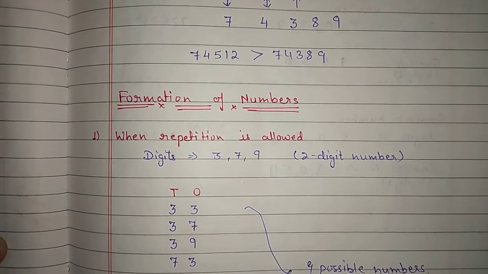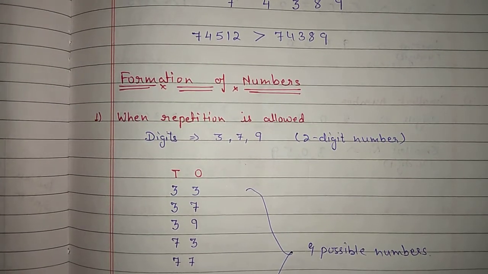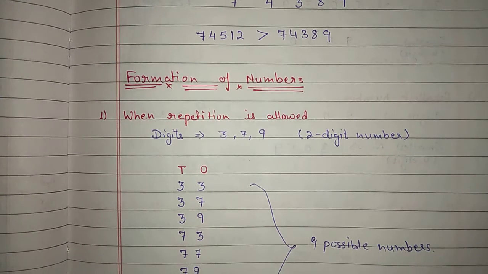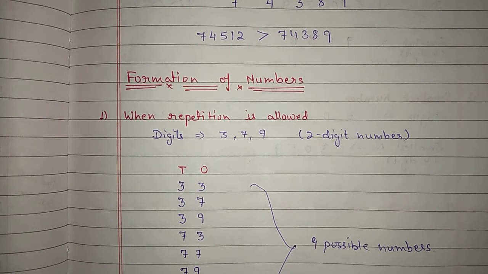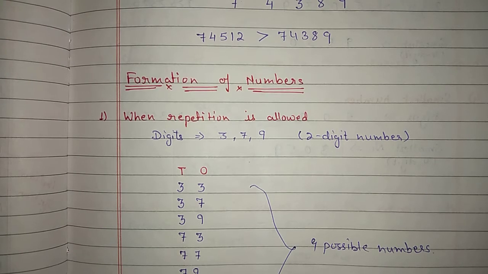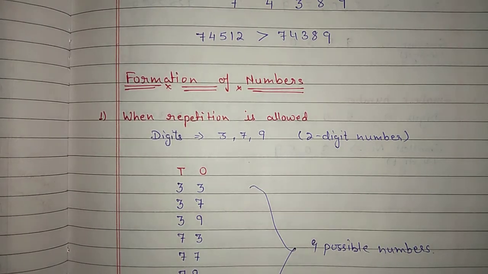Next is formation of numbers. First case, when repetition is allowed. In this type of question, digits will be given to you, and if digits are not given, then some hints will be given according to the question. Here I have taken 3 digits, say 3, 7 and 9. With the help of these 3 digits, I have to make a 2 digit number.